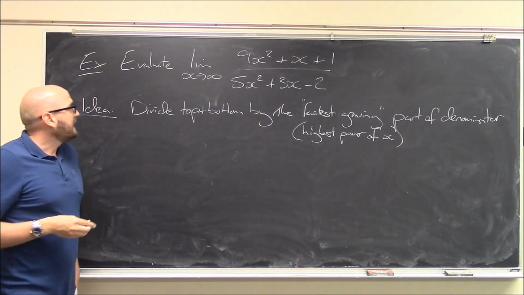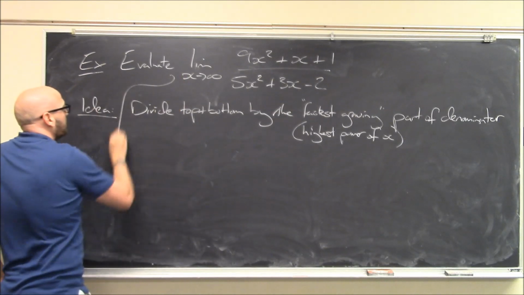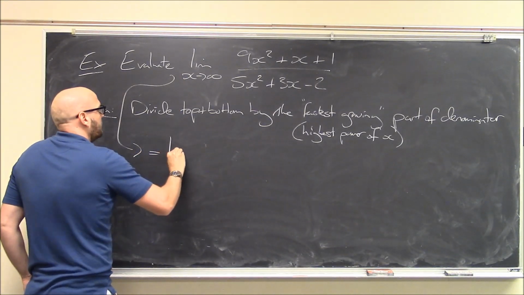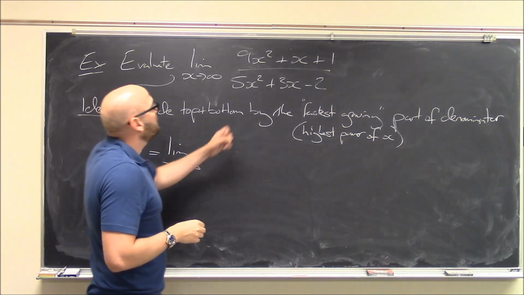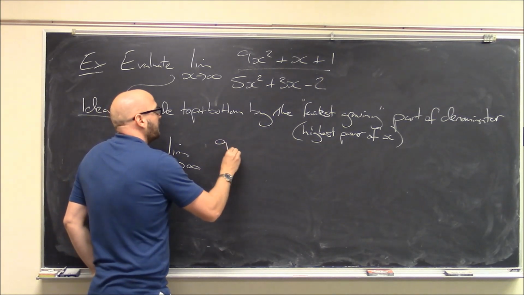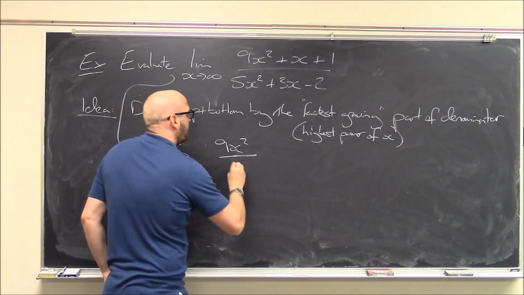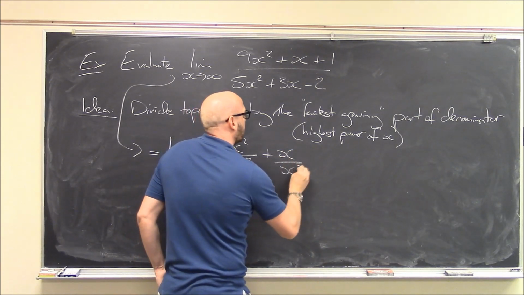And if I do that and I simplify it, it'll become totally clear what happens as x gets large. So let's do that. Limit as x goes to infinity, highest power I see in the denominator, x squared. So we're going to divide the top and the bottom by x squared.